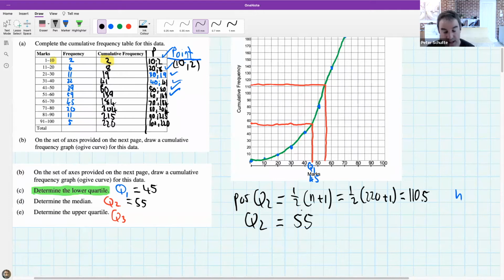Now, what does that mean? It means half the students scored less than 55 and half the students scored more than 55, if I was interpreting what that means in terms of marks. Let's try for Q3. Can you get an estimate for Q3 using the ogive? So Q2, 55.